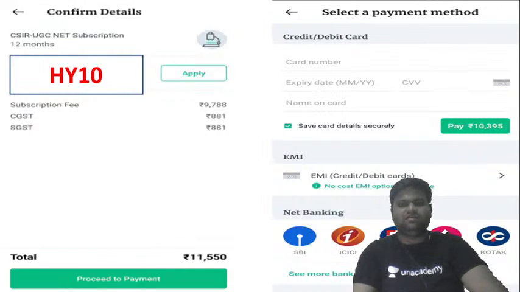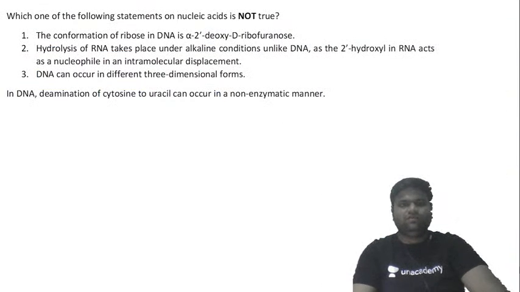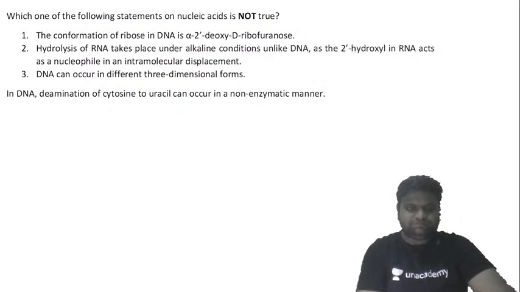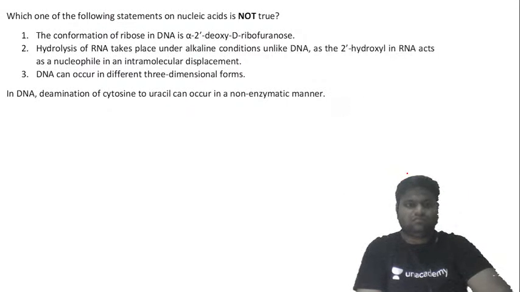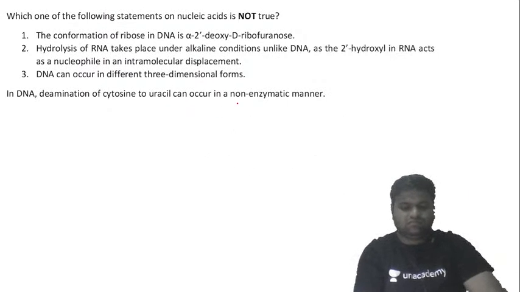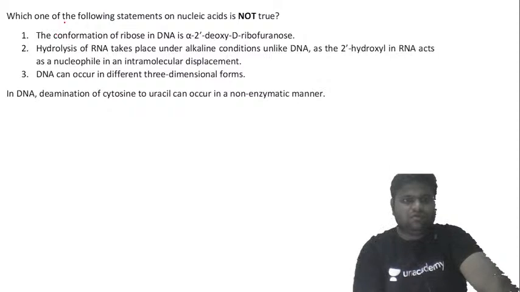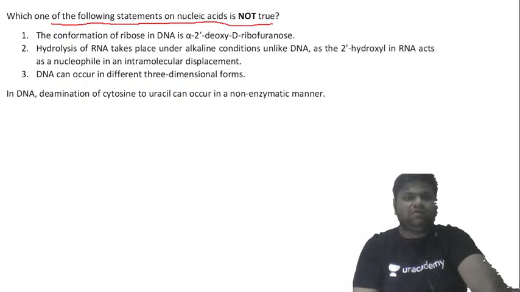So let's begin today's session with the first question. This question is asking which one of the following statements on nucleic acid is not true. Statement 1 says the conformation of ribose in DNA is alpha 2 prime deoxy D-ribofuranose.